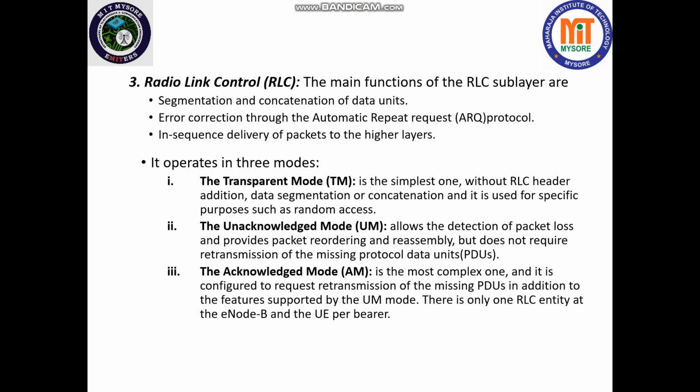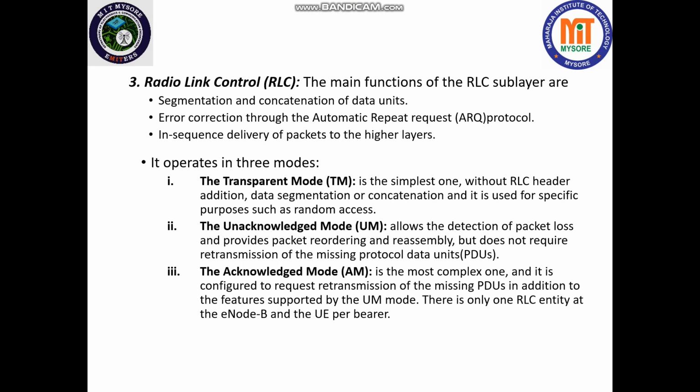What is the exact meaning of radio link control? It first segments and concatenates the data, it can do error correction through automatic repeat request, and in-sequence delivery of packets to the higher layers is maintained by this radio link control, and it can operate in three modes.